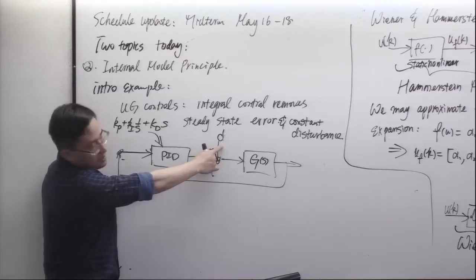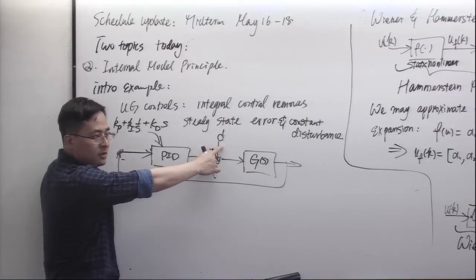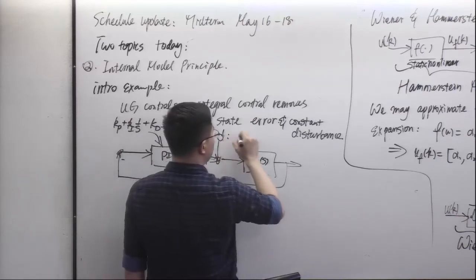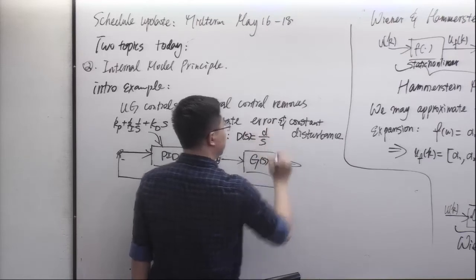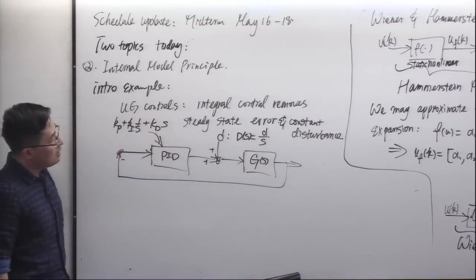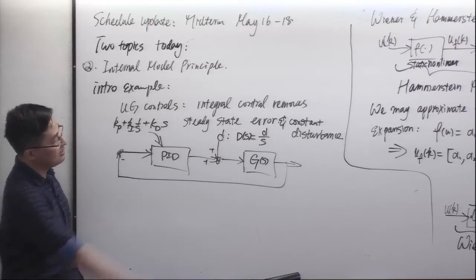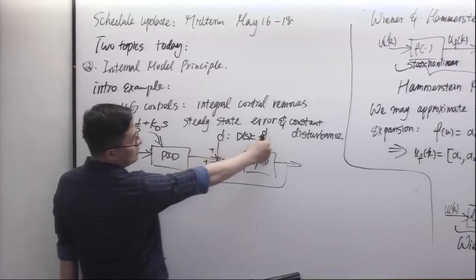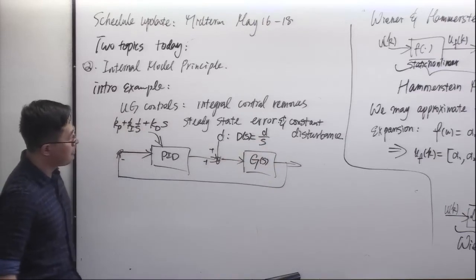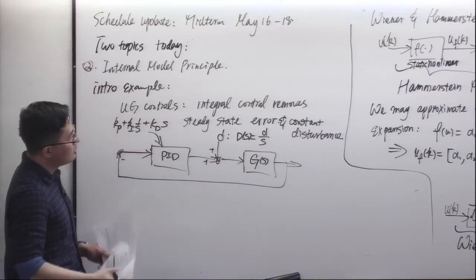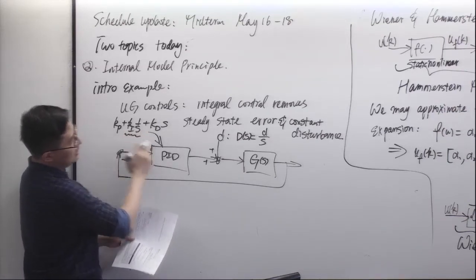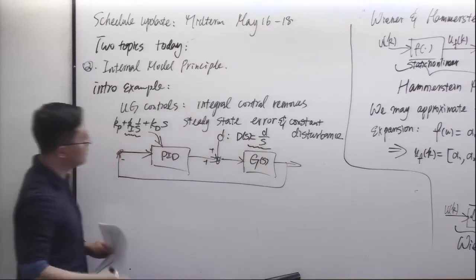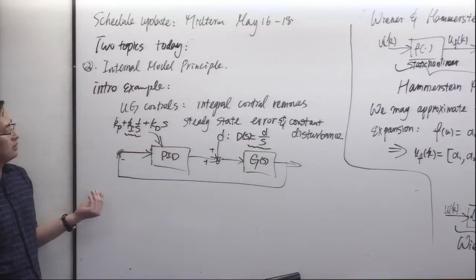And then if we have a constant disturbance, what is the Laplace transform of a constant disturbance? Right? A constant signal Laplace transform is 1 over s. And if it has a gain, then it's going to be d times 1 over s. So you see, integral control and this constant disturbance Laplace transform share the same core dynamics.